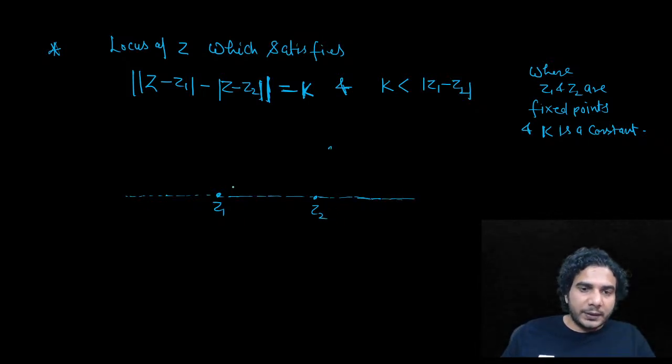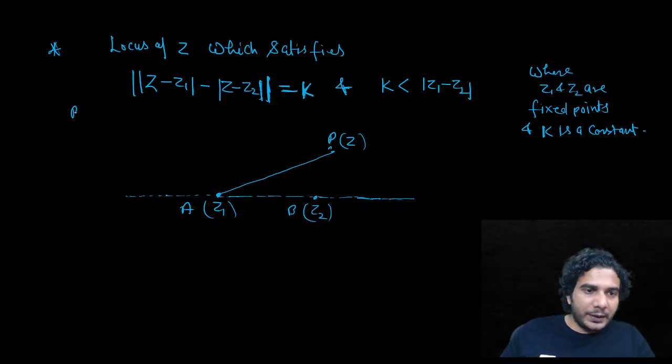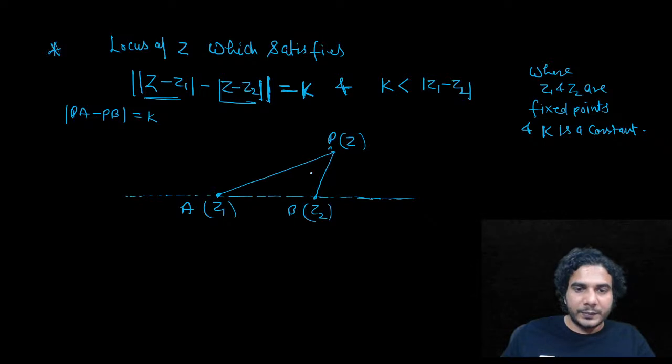Now z is a point P, such that the distance of z from z1, let's take this point as A and this point as B. So this is written as PA minus PB, and whole mod is equal to K.